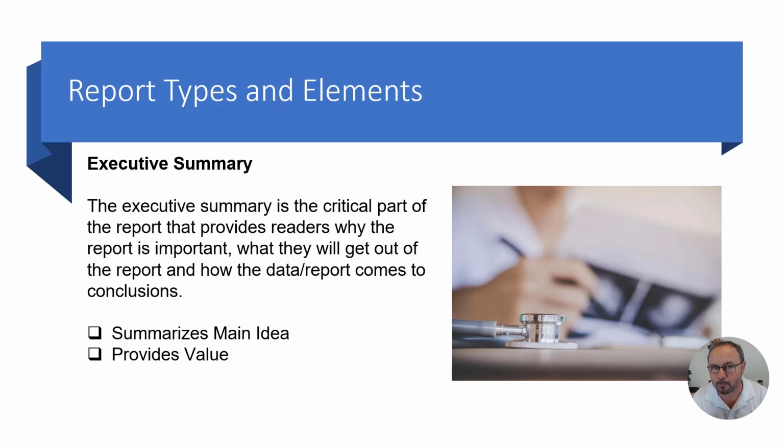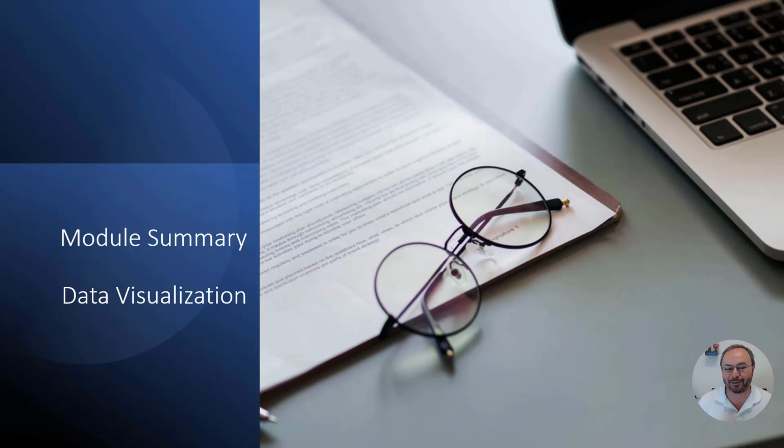But I would also refer you to go look at what would be the best practice in your industry and your organization. With that said, the executive summary is what? It summarizes the main idea and provides value so that someone can glance at the report and say, okay, this report is going to be for me, yes or no. Do I want to read the report, yes or no? Let's go ahead and move on to the next lesson.